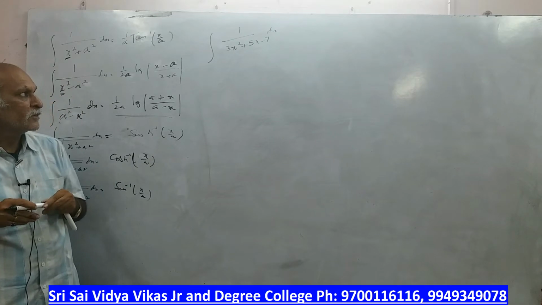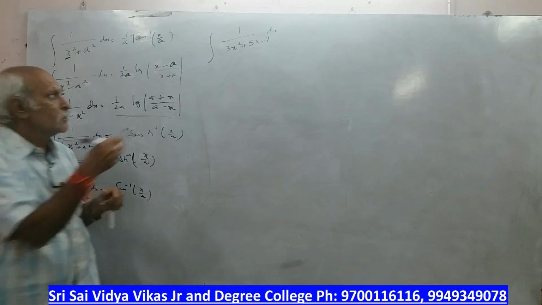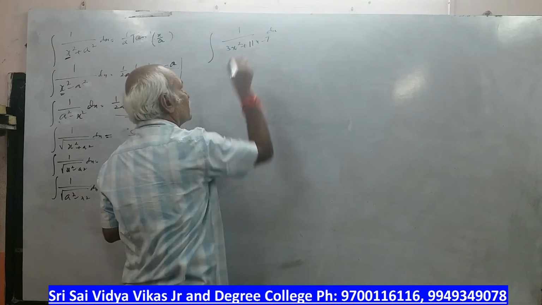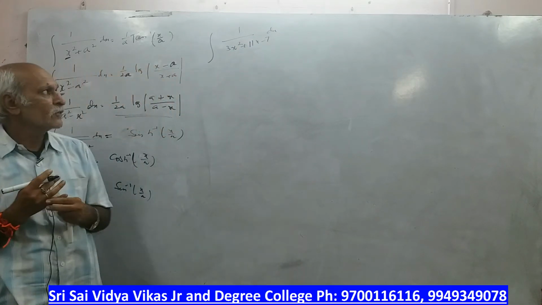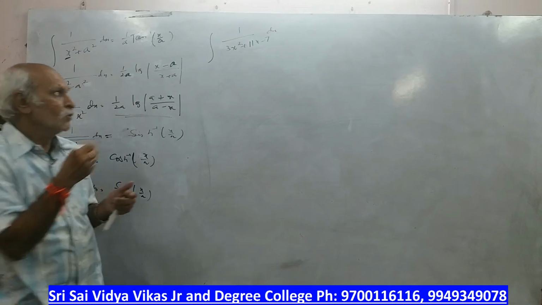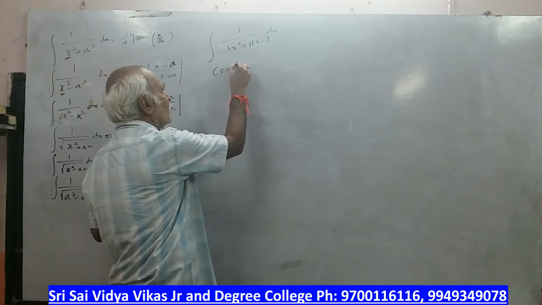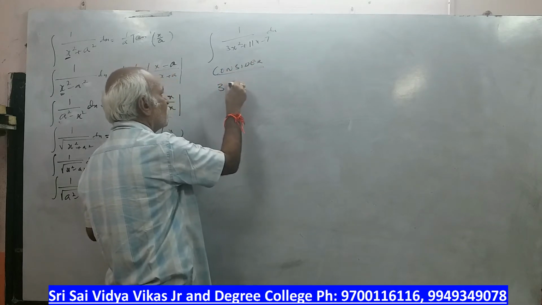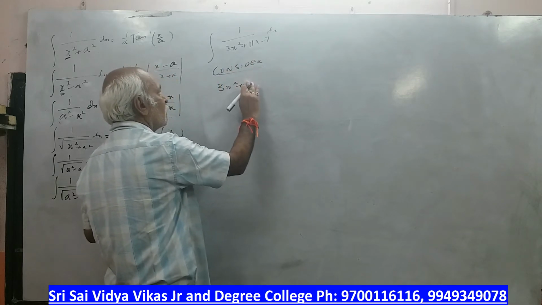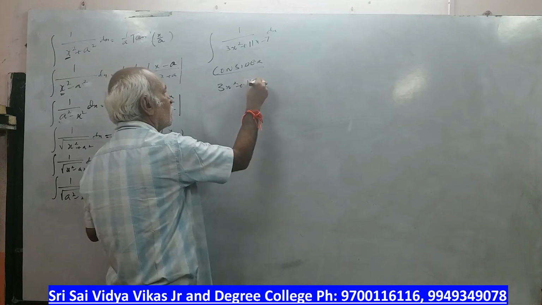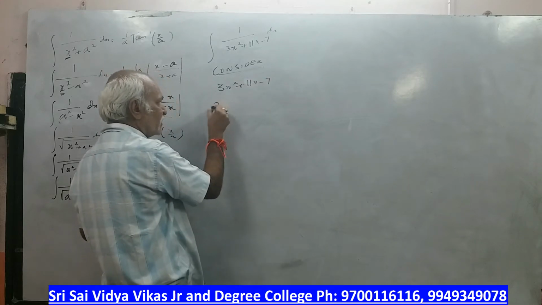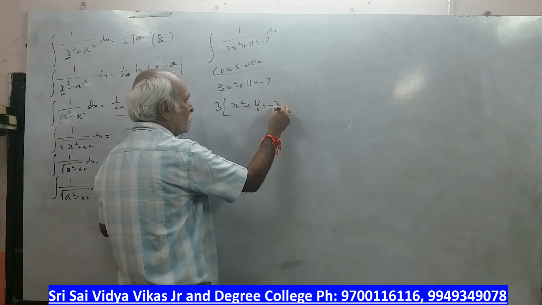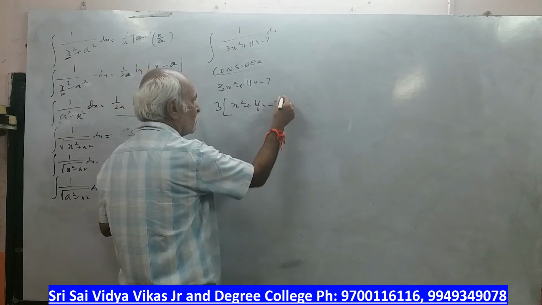Next one is this: 3x² + 11x − 7. Now look here, most important. First you have to take 3 common. Is it clear?